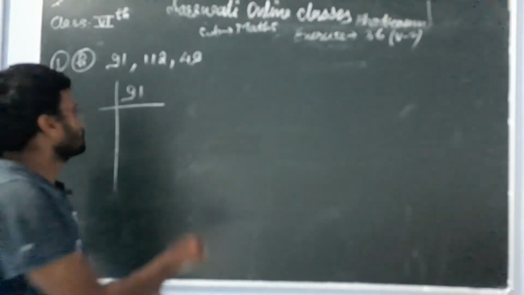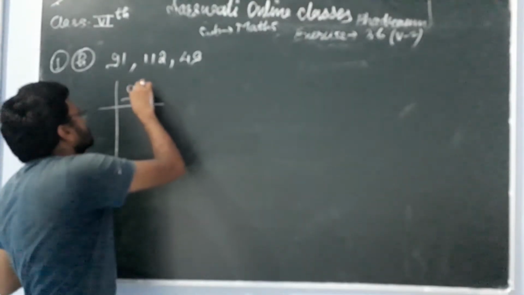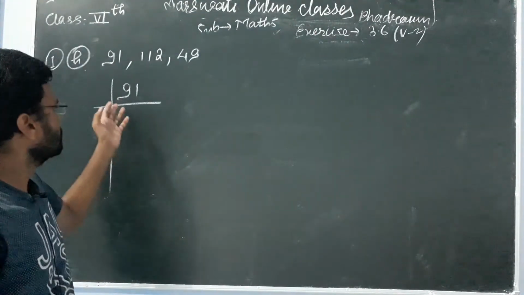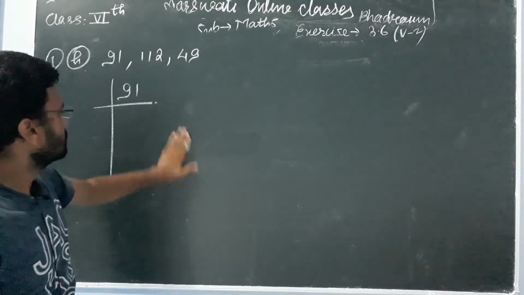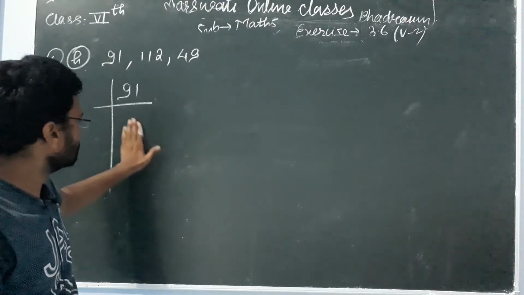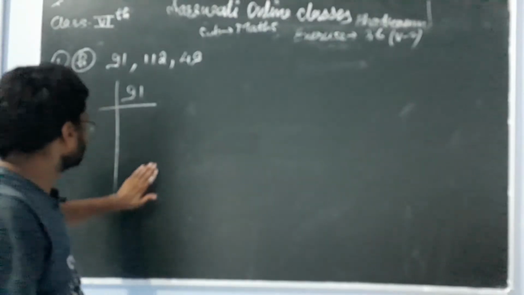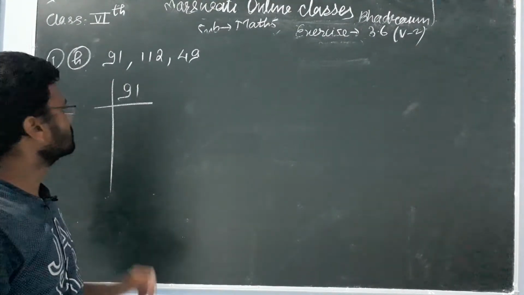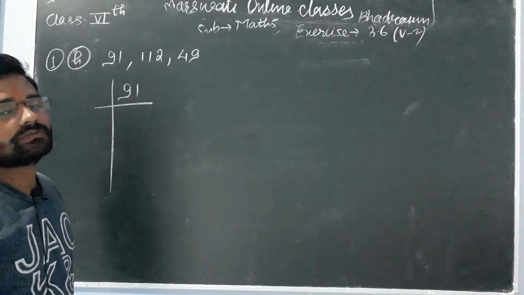Okay, now we will go for 3. This number is also not divisible by 3. Okay, go for 4, not divisible by 4. Okay, and now we will go for 5. This number is also not divisible by 5. Okay, now we will go for 6. Number is not divisible by 6. Number is not divisible up to 11.